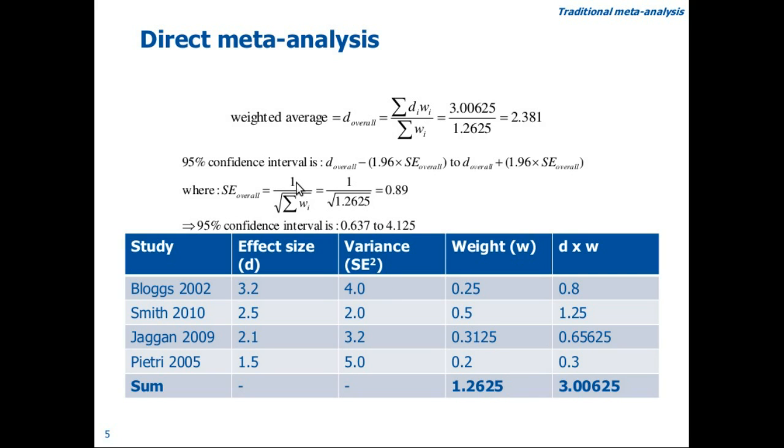To calculate our summed variance, we just take 1 over the sum of our weights. To get our overall standard error, we square root that, and that gives us 0.89.